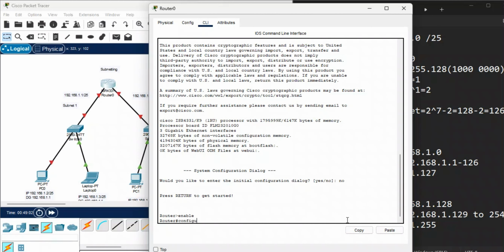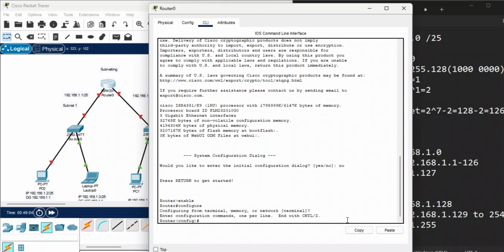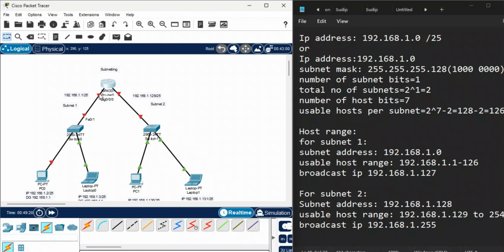Enable, configure terminal, interface gigabit Ethernet 0/0/0.